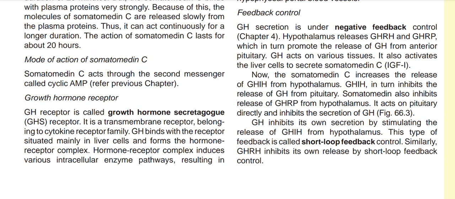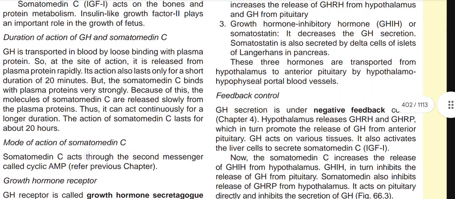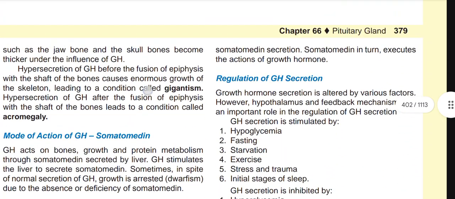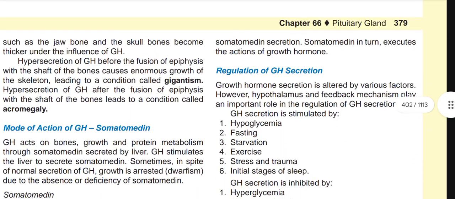It is a transmembrane receptor belonging to the cytokine receptor family. Growth hormone binds with the receptor situated mainly in liver cells and forms the hormone receptor complex, or HR complex, and the HR complex induces various intracellular enzyme pathways resulting in somatomedin secretion. Somatomedin in turn executes the action of growth hormone.